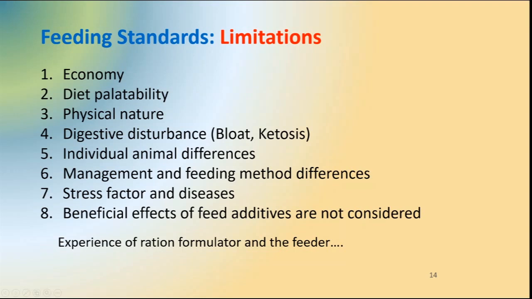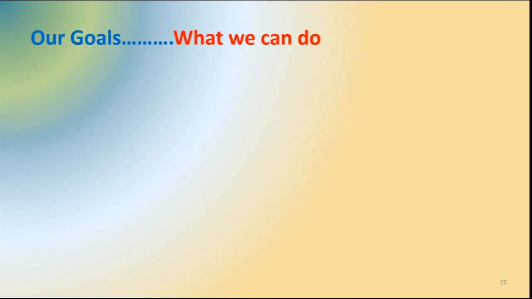They also consider stress factors: in heat stress or cold stress conditions, nutrient requirements will definitely be different. If they are adding certain additives, they might either decrease the amount of nutrients or use some alternative feedstuffs in the diet.